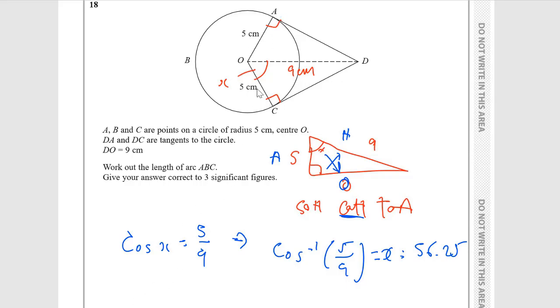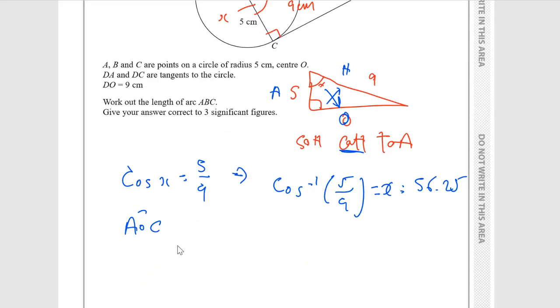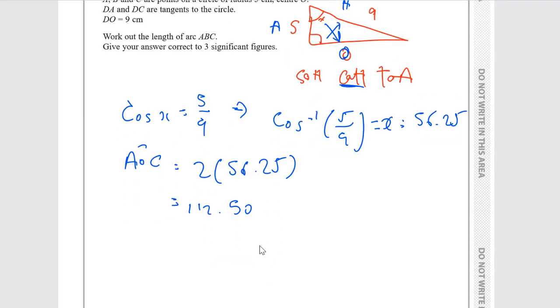So the angle AOC is going to be twice that, so 2 times 56.25, which gives us 112.50. I'm going to leave that as that. Then we have 360 take away 112.50, which is going to give us 247.5.